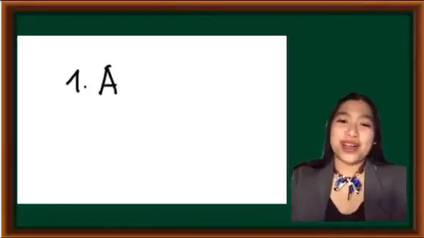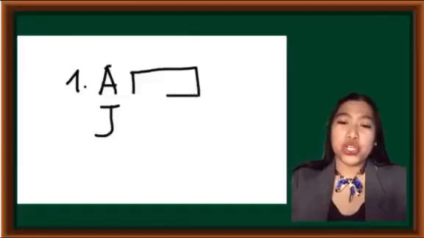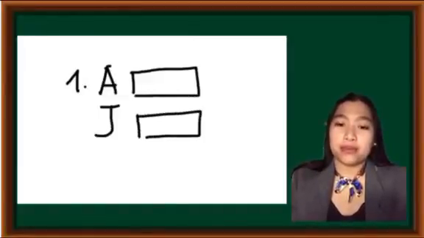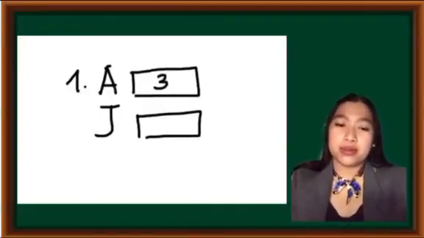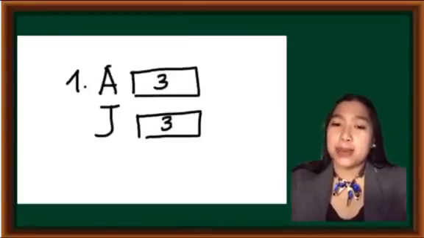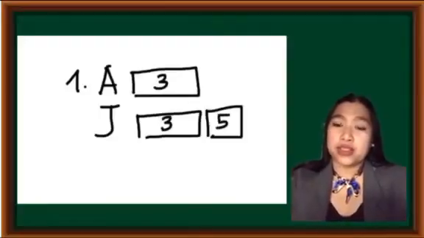So, for number 1, again, let's label first. A for Amelia and J for Joshua. And then, we draw the tape diagram. Next, it said that Amelia cooks 3 cupcakes. And then, Joshua cooks 5 more cupcakes than Amelia. And of course, Joshua had the 3 cupcakes already, but he added 5 more cupcakes to it.